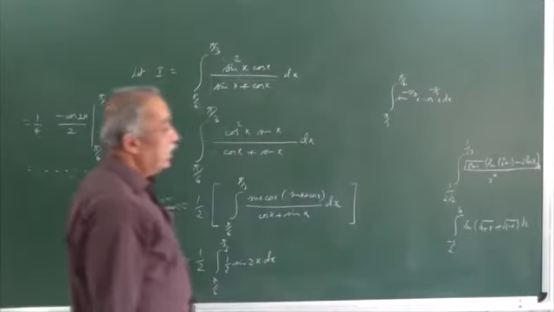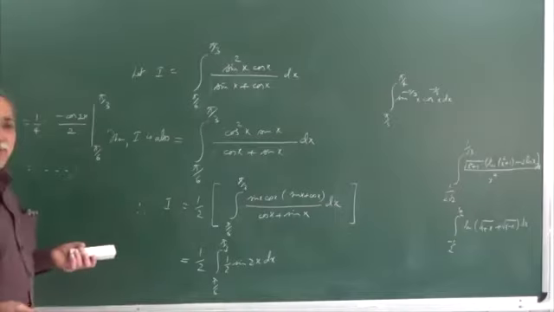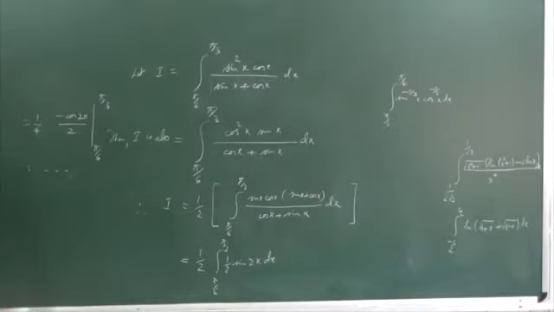Next, integration between 1 by 2 root 2 and 1 by root 3 of root x square plus 1 into log of x square plus 1 minus 2 log x divided by x to the power 4. A little bit of simplification of the integrand.